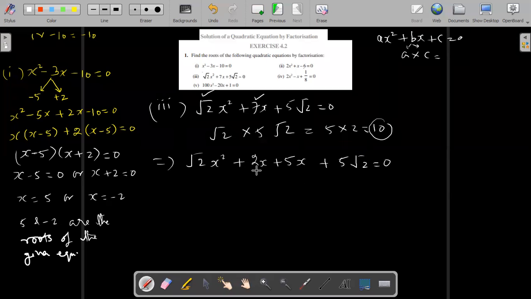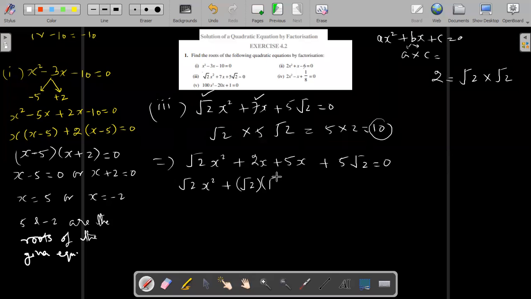Now this 2, you know that 2 can be written as root 2 into root 2. If this 2 is replaced by root 2 into root 2, we can write it as the next step to understand better.